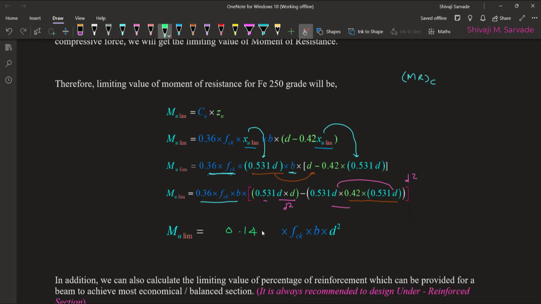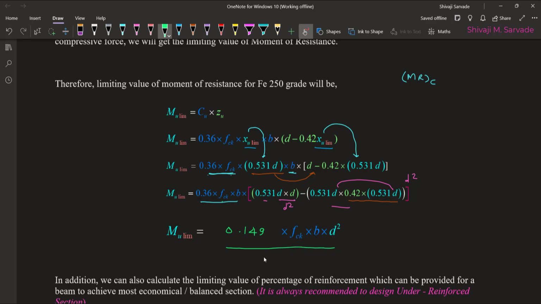Now I am considering 3 significant digits, so the simplification of all of this is 0.149 numerically, and then we have FCK, B and the square of D. This is really important. So for the maximum value of Mu for Fe250, the relation is 0.149 FCK BD square.